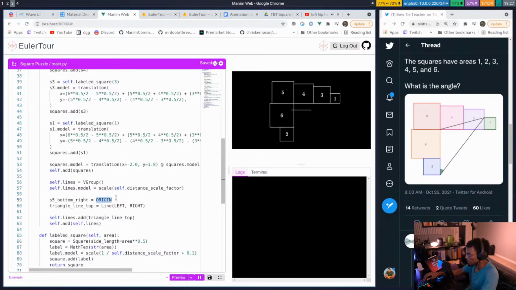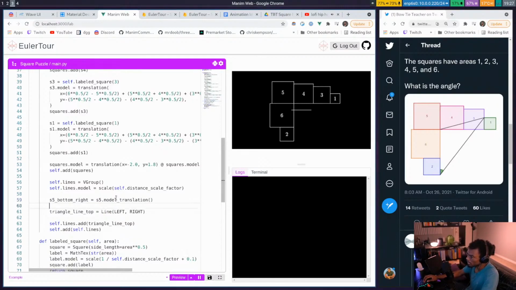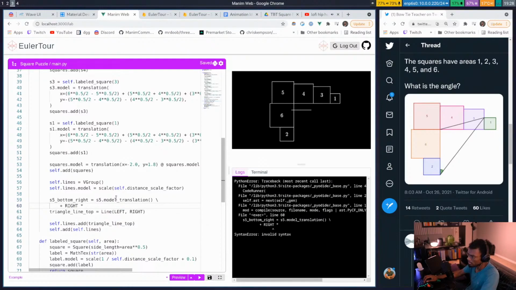So S5 bottom right, this is going to be S5 dot model translation plus right times that side length over 2, and then plus down times that side length over 2.